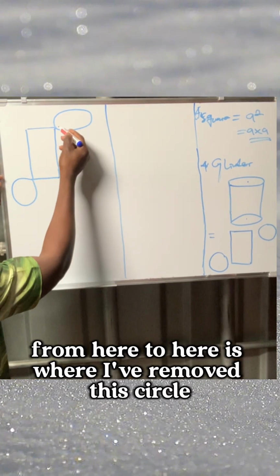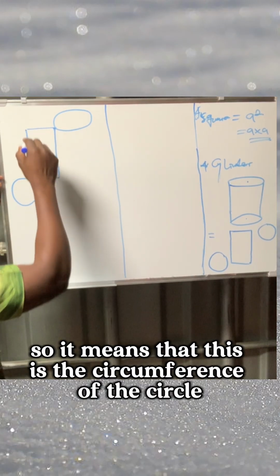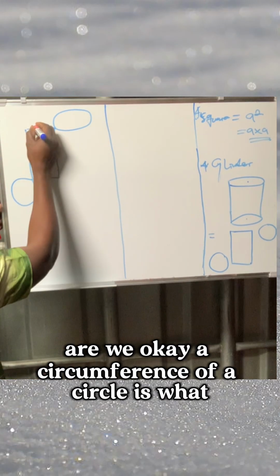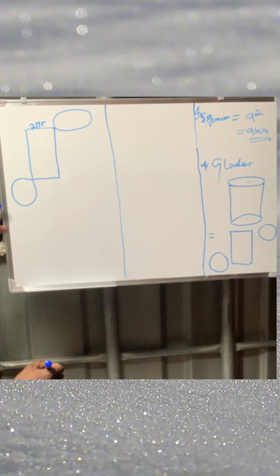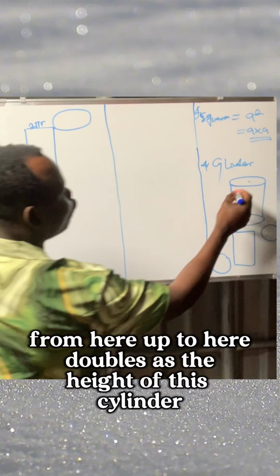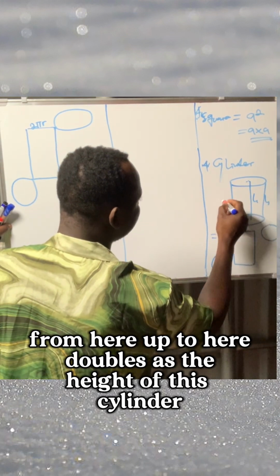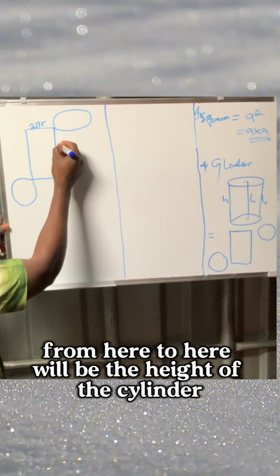From here to here is where I've removed this circle. So it means that this is the circumference of the circle. Are we okay? And circumference of a circle is what? 2 pi r. Am I lying? And from here up to here doubles as the height of this cylinder. It's the same thing. From here to here will be the height of the cylinder.